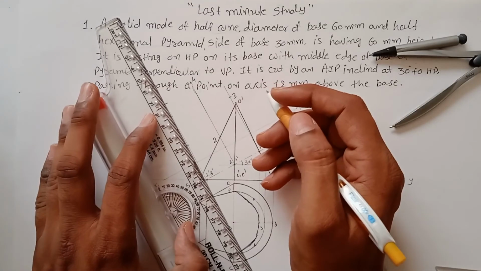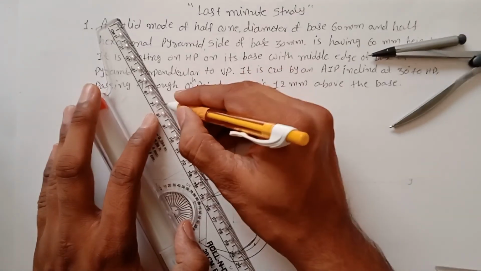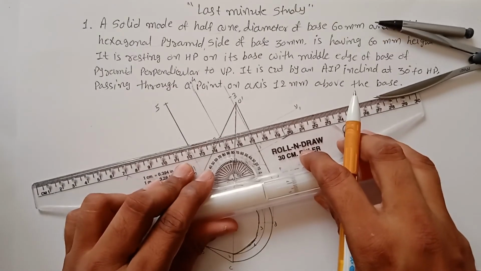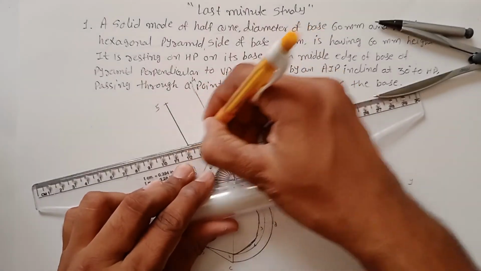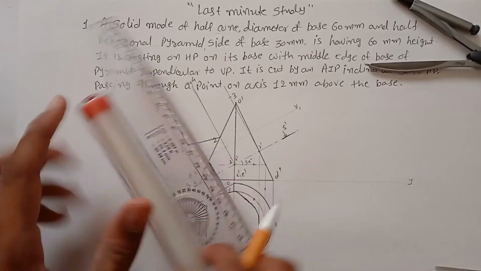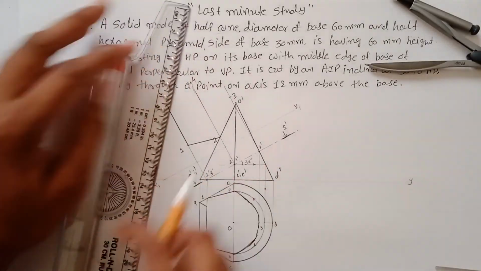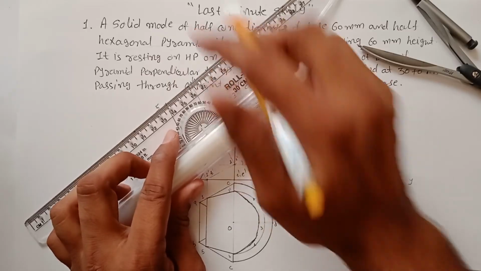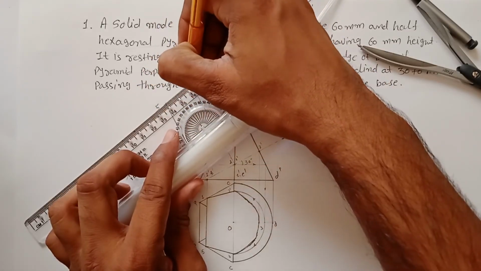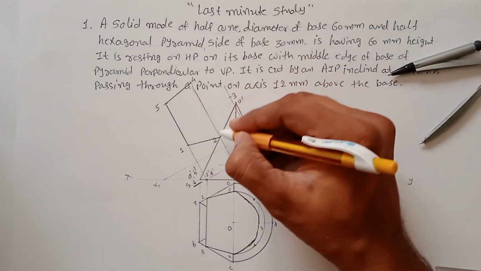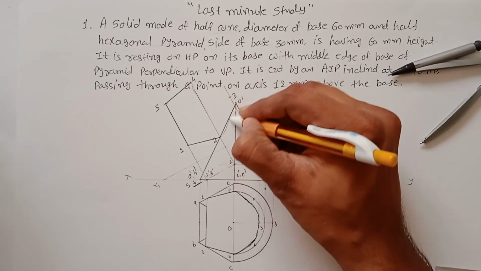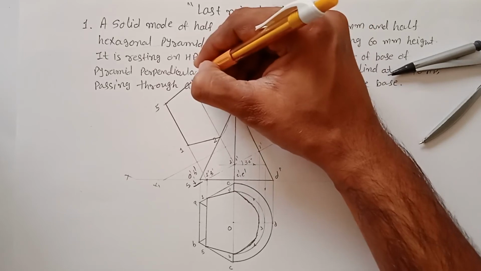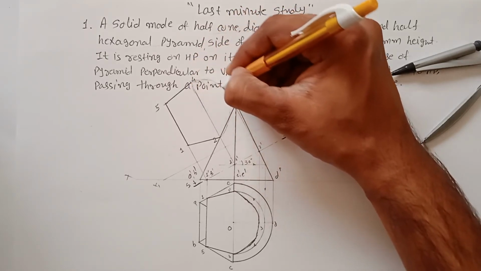Now draw it with a solid line. Only this portion will be drawn with the thick line, and from 2 to 3 and 4 to 3 you have to join it by using a curvature.